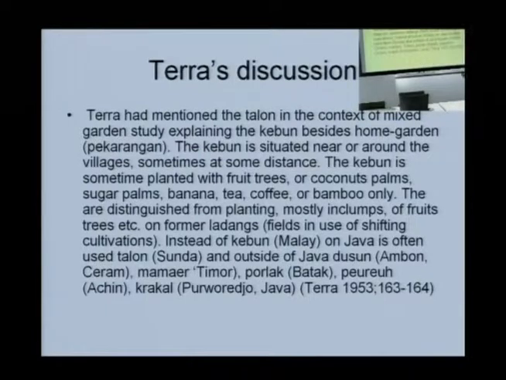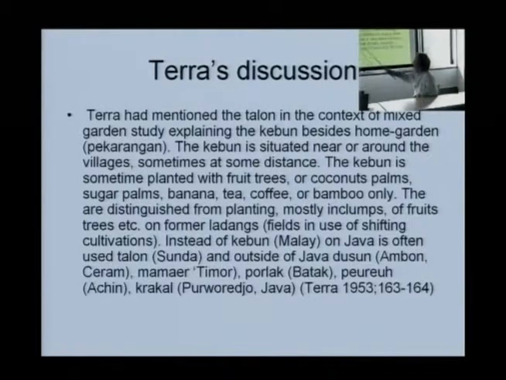That is distinguished from planting mostly fruit trees on former paddy field, in the system of cultivation. Instead of kebun, Malay on Java often uses Tarum, Sunda, and others outside of Java, Dusun, Ambon, Mamar, Timor, Polrak, Batak, Aceh, and so on.